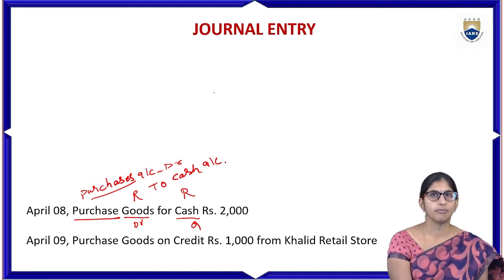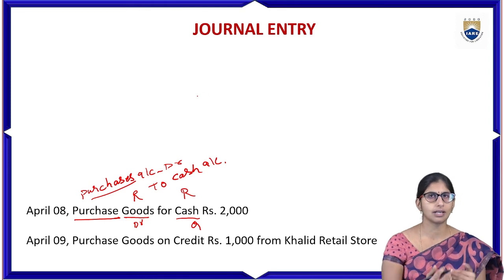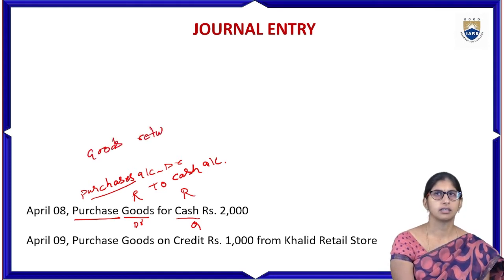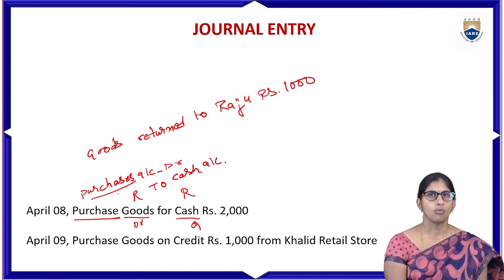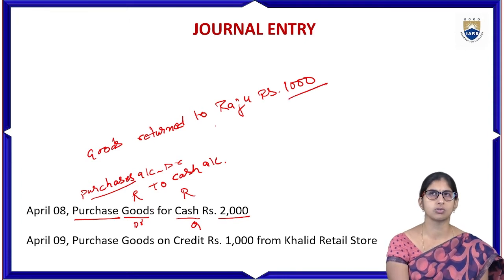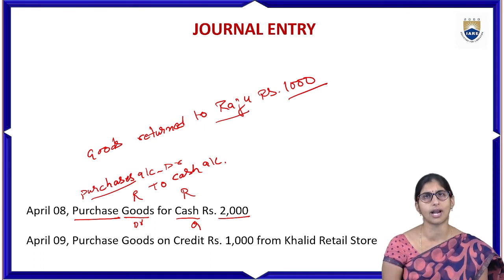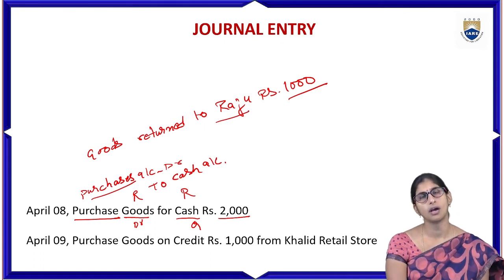For example, I'll write another transaction: goods returned to Raju, rupees 1000. Whatever I purchased for cash, that is 2000, I am returning 1000 worth of goods to Raju. That means I felt that 1000 worth of goods are not required for me at that moment, so I am returning them to Raju.